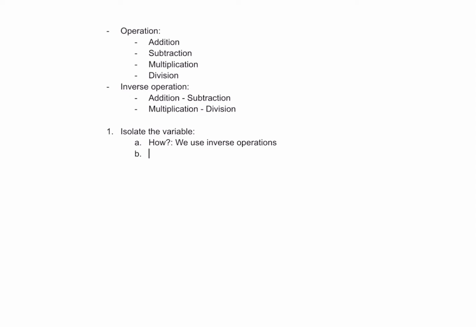So let's take a look here real fast. If you have a fraction, like 1/2, for example, this is what type of operation? It's division, because we really just have 1 divided by 2, okay?